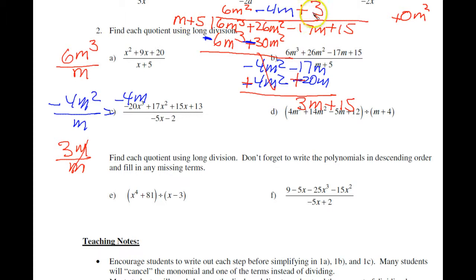M times 3 is 3m. 5 times 3 is 15. Now, what do we do? We change our signs, and everything cancels out. So if I were to take this and multiply it by this, I would get that. And that's a check that you'd want to do on your final exam if you have time, because you want to be sure you have it right to get all the points you can.